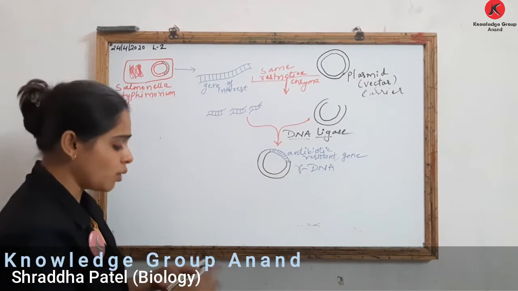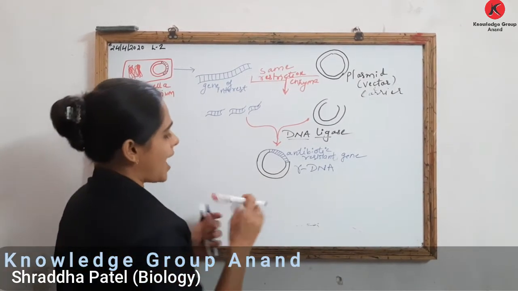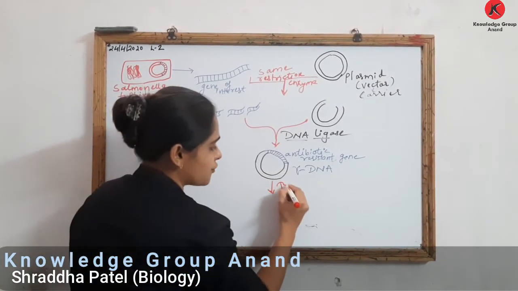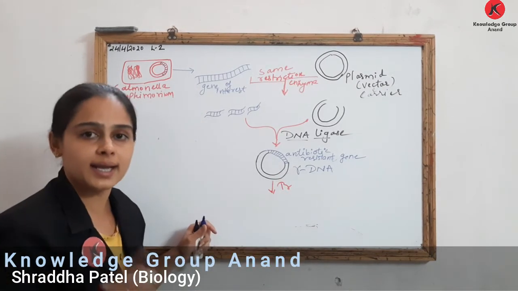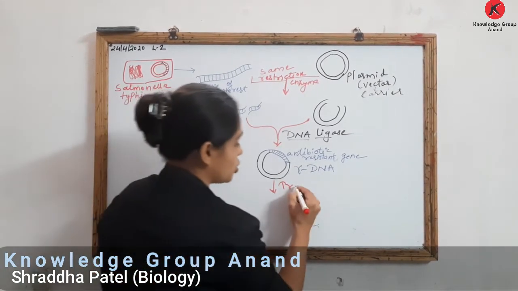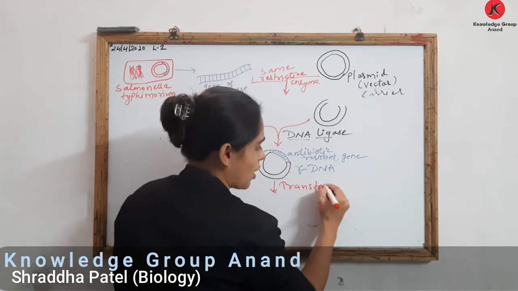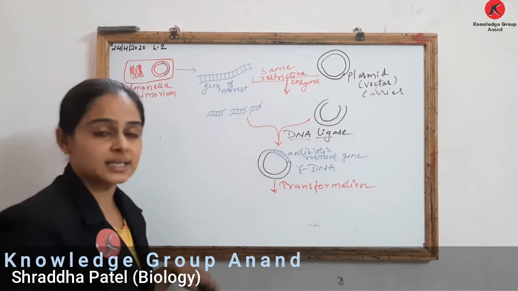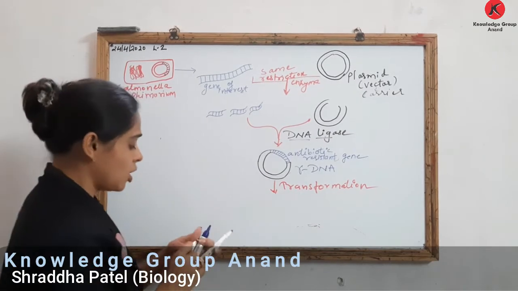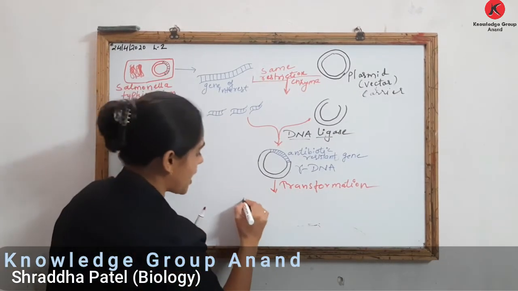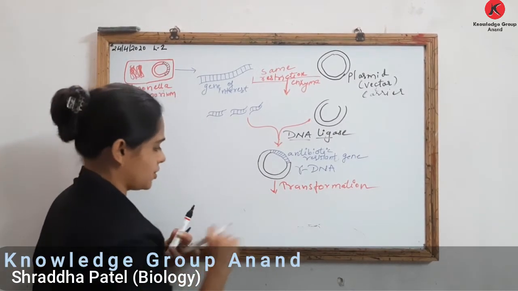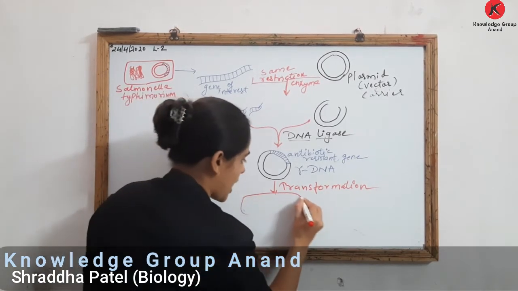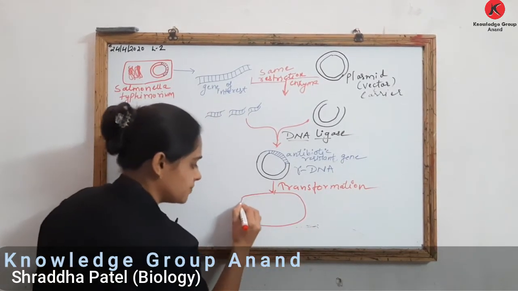Okay. Now I am going to transfer this recombinant DNA into E. coli. So the process is called transformation. What is this process called? Transformation. Okay. So here I am drawing your E. coli.